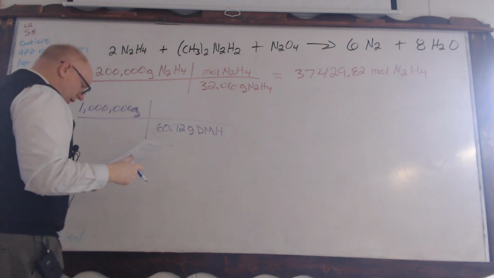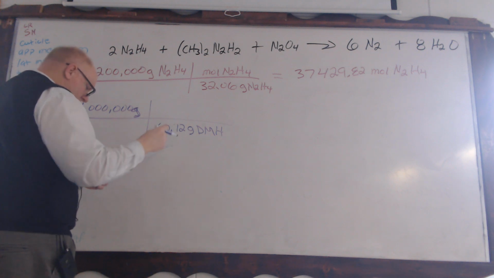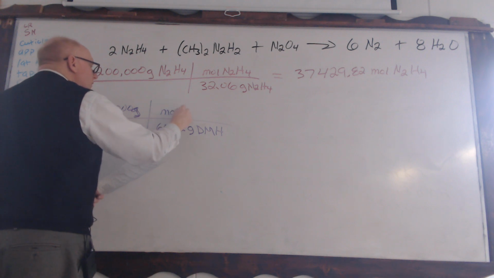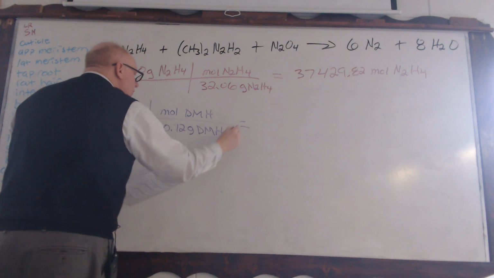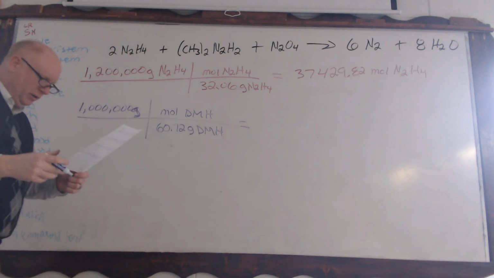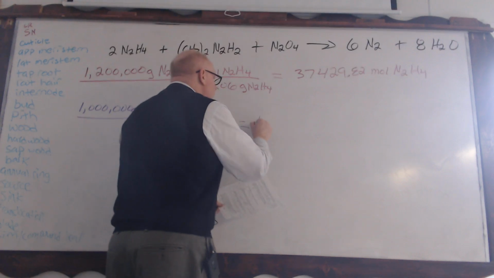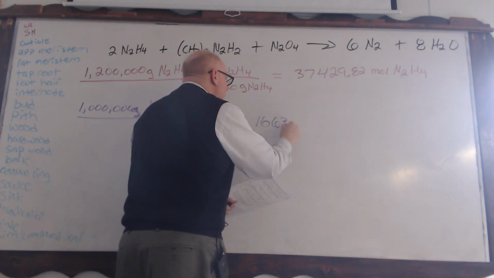I think it's called dimethylhydrazine, and then we've got a mole of that substance. So once we divide those out, again, we get a very large answer, 16,633.